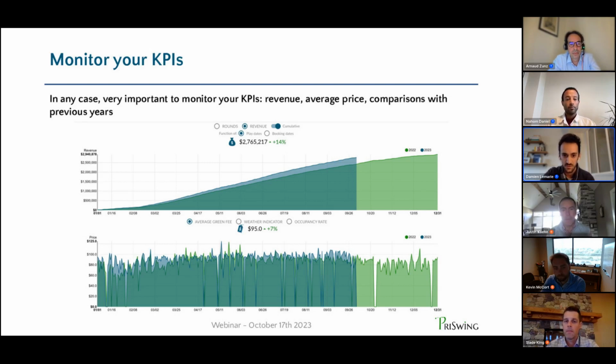So here, a screenshot of typically what you could achieve. For example, an average rate plus 7% and the revenue plus 14%. So the goal is to have both price higher and also have more rounds during low, not busy slots. So to gain more rounds and increase price to, at the end, increase your revenue by around 10-15%.